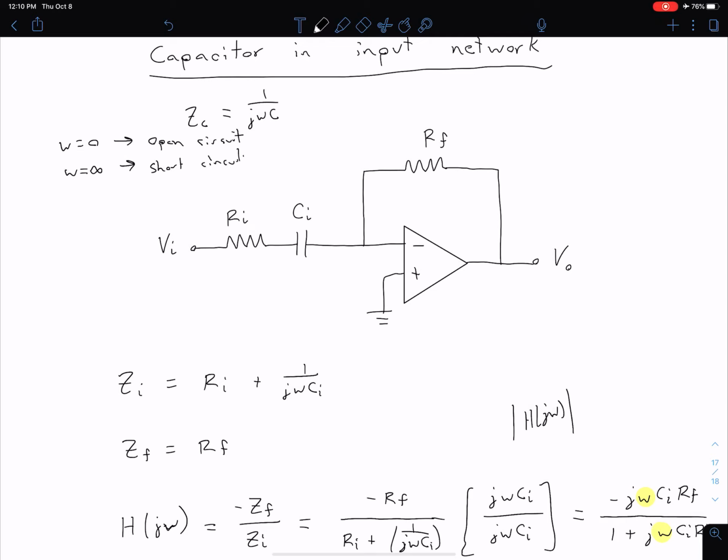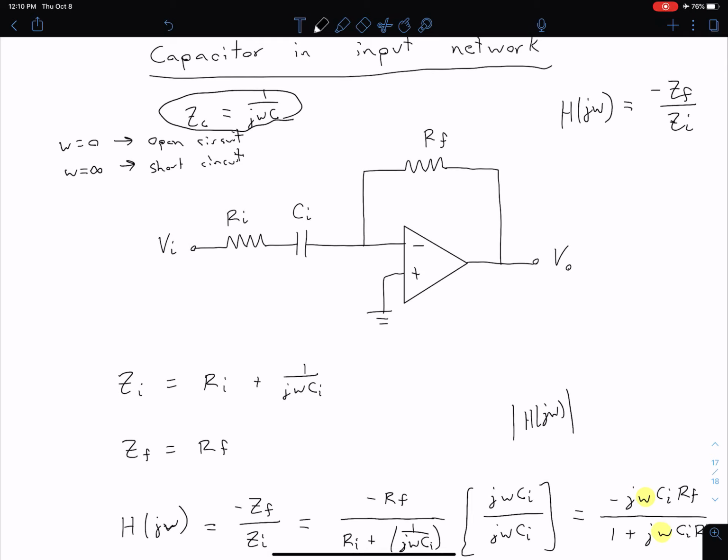We can verify those two relations by considering our capacitor impedance equation here. One other thing, let me write down up here as well: remember, our overall transfer function is given by negative Zf over Zi.